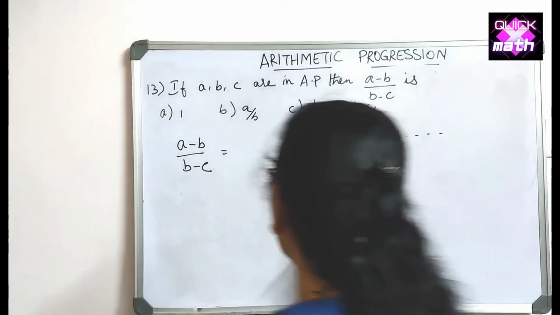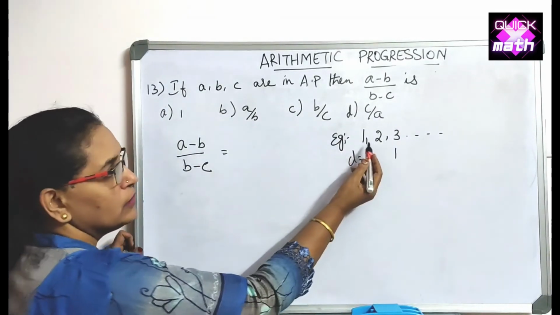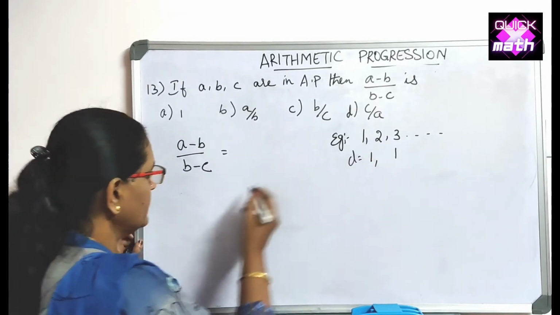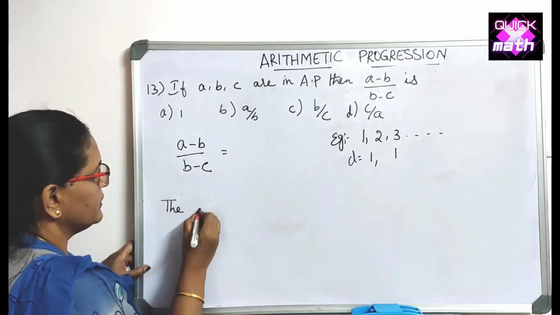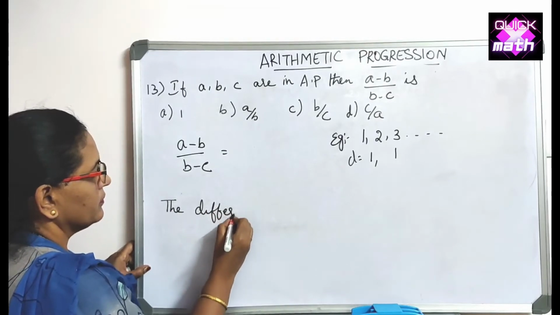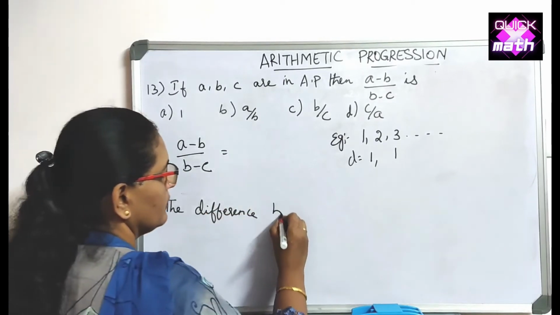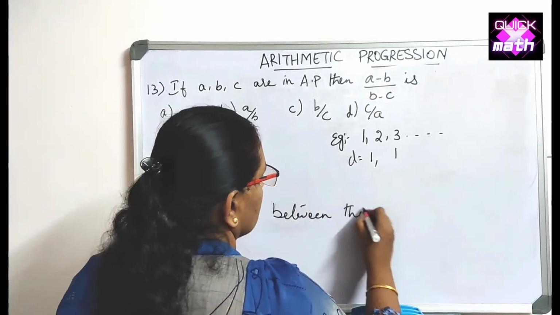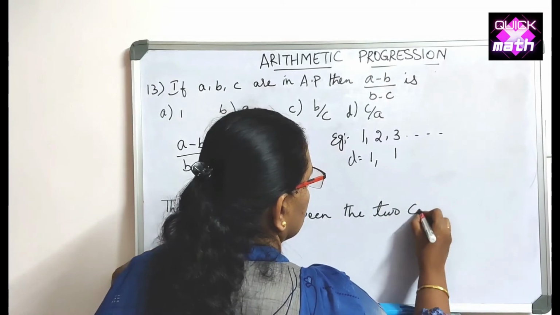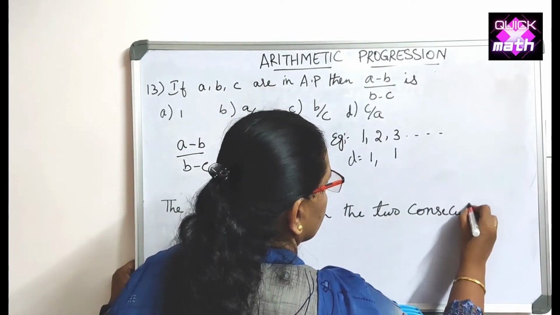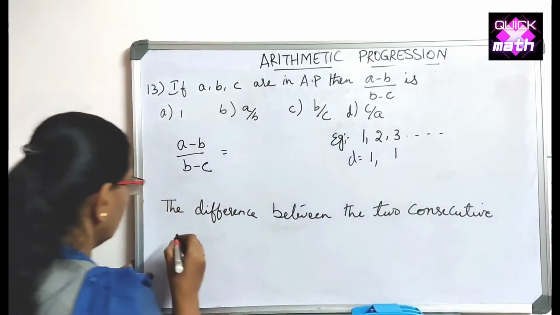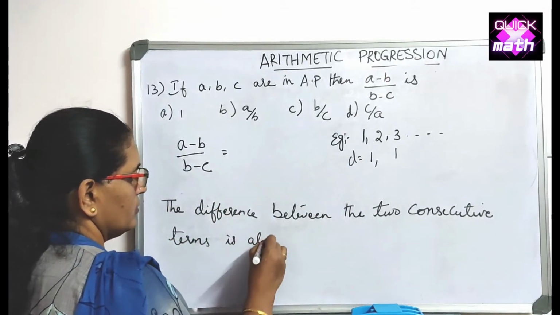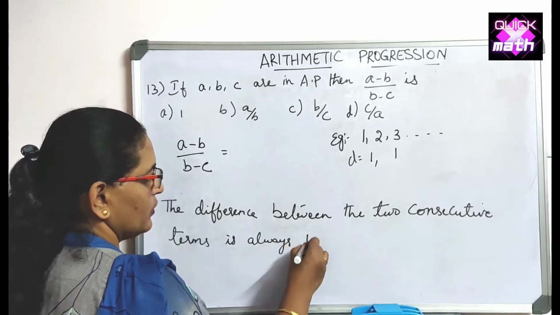That is, the difference between the 2 consecutive terms is always 1.